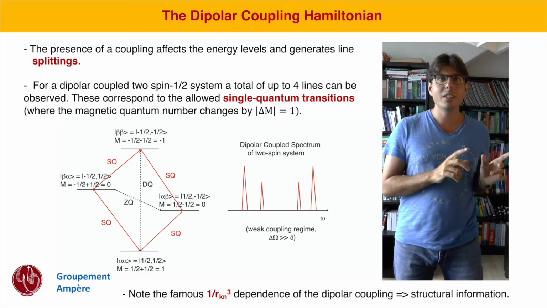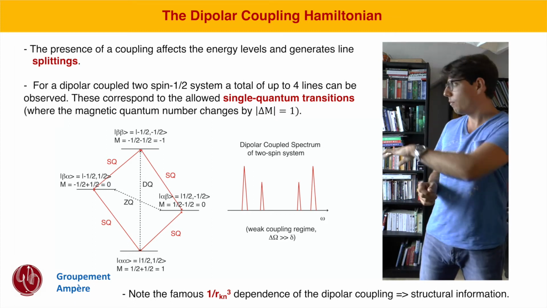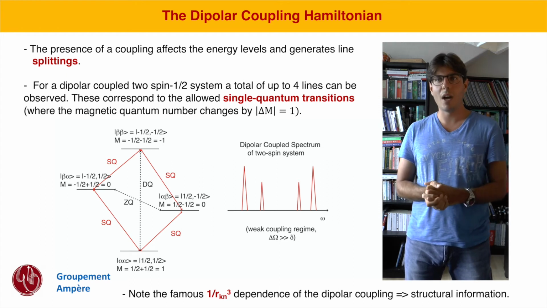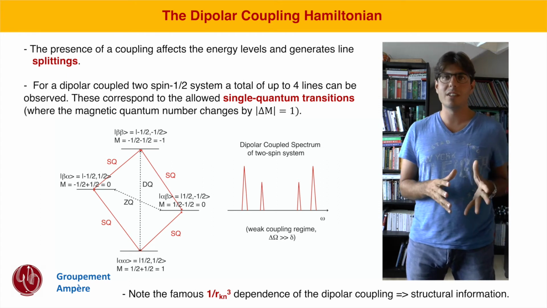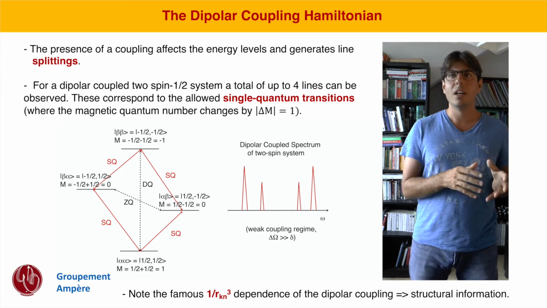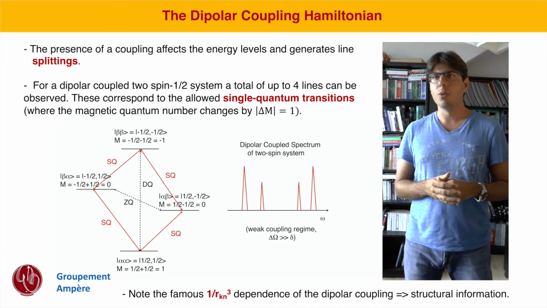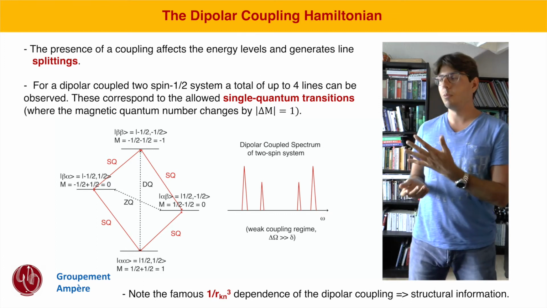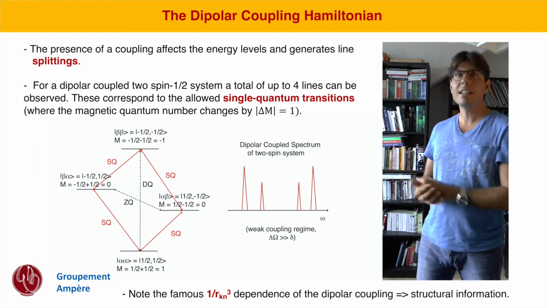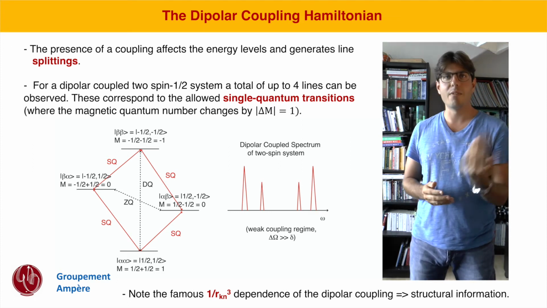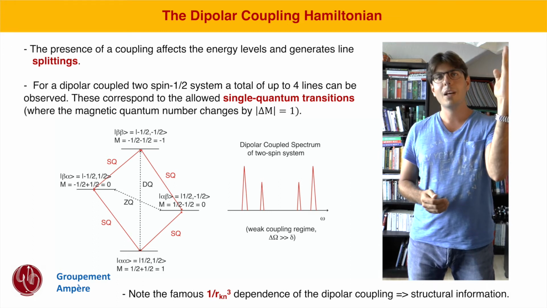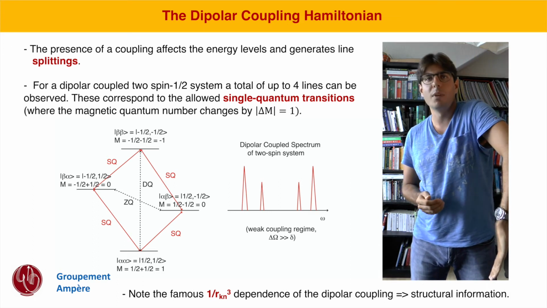And what is important is that you have a full variety of transitions that could be possible. You have so-called single quantum transitions, those where our magnetic quantum number changes by 1. What would this be? For example, a transition from the alpha-beta to the beta-beta state, because then you just have one alpha, one spin up, that is flipped to a spin down.